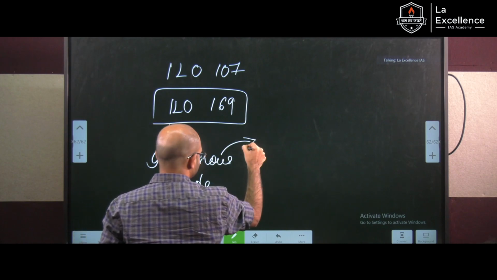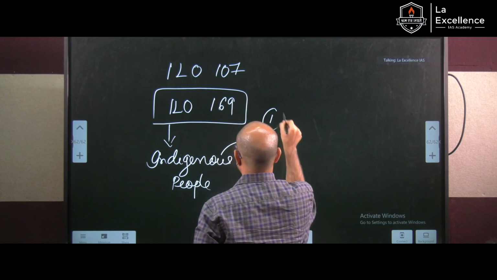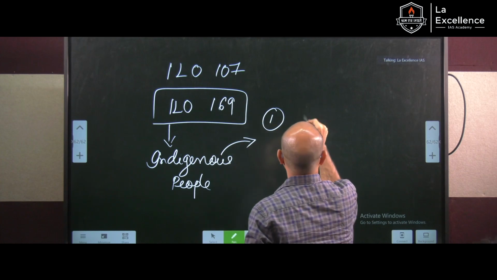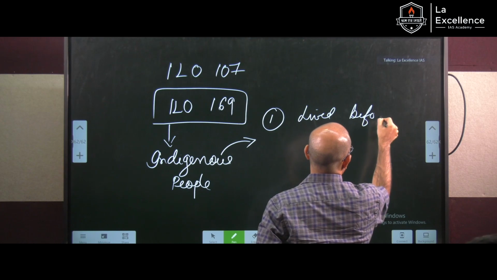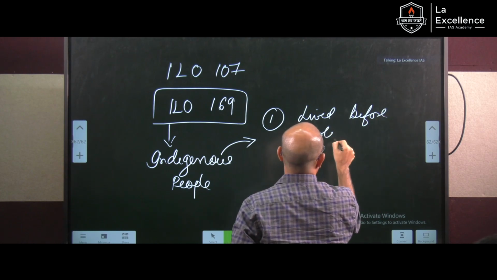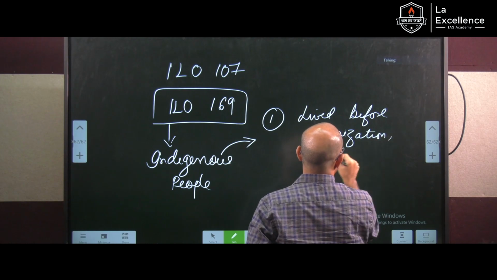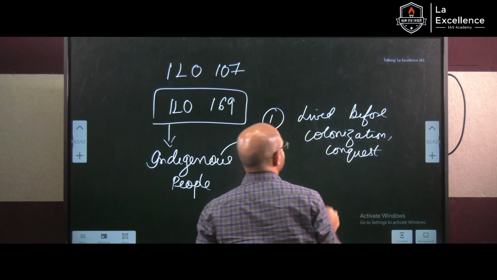Who are these indigenous people? To identify them, ILO Convention 169 has given two criteria. These are people who lived in the area where they are living before colonization and conquest. That is, before migrations and before colonial rule happened, they must have been living there.